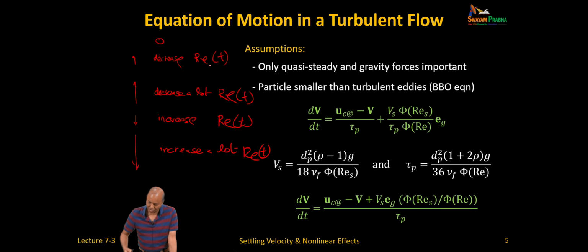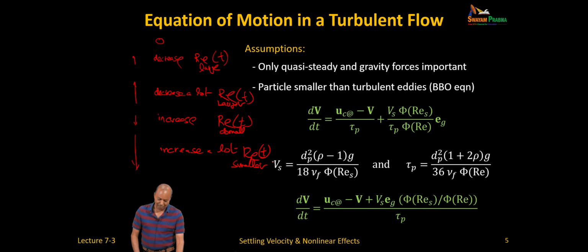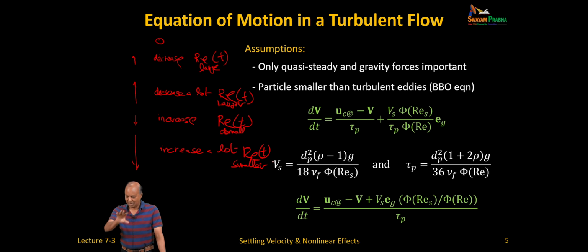So, the Reynolds number will be large here, larger here, smaller here, and smaller there. Now, the way to think of this is, if the particle in a calm fluid is coming down at Reynolds number, say, 10, in a turbulent flow it could become 9 or 8, 11 or 12, it is just constantly fluctuating.